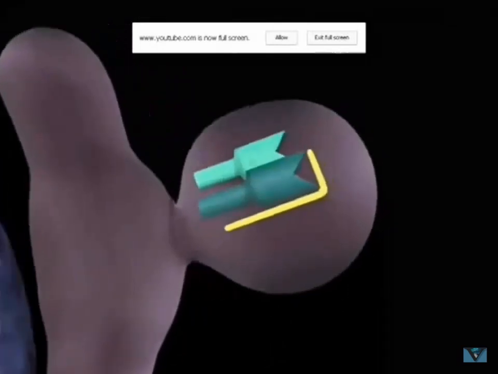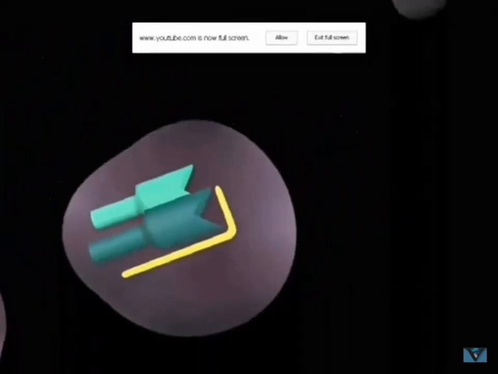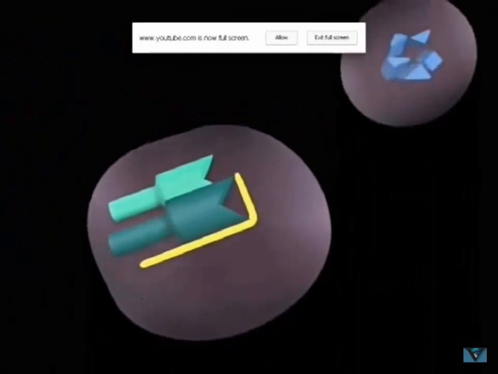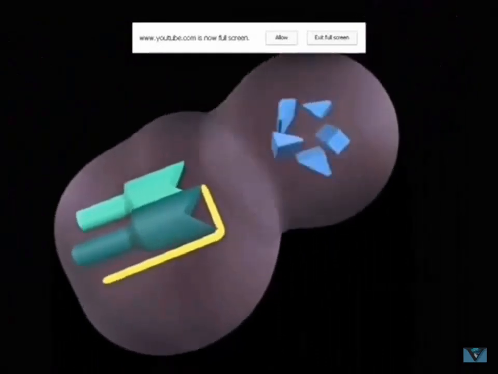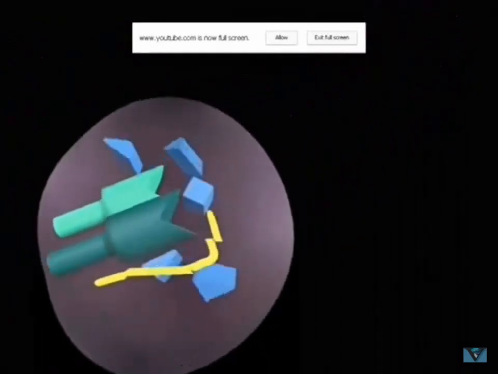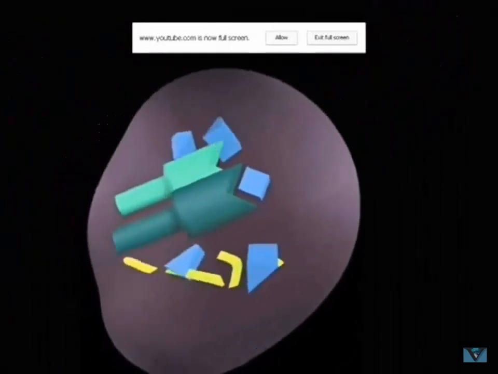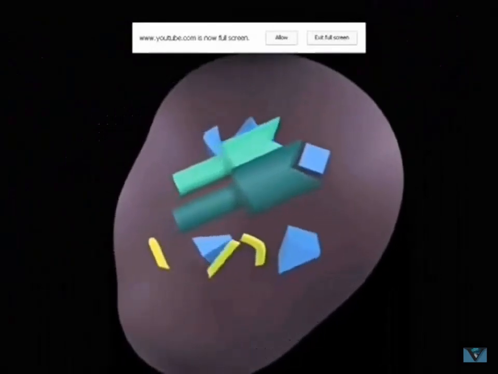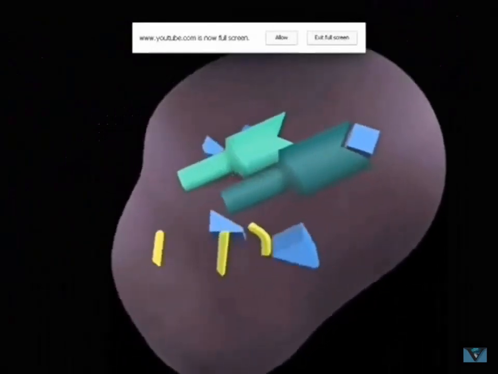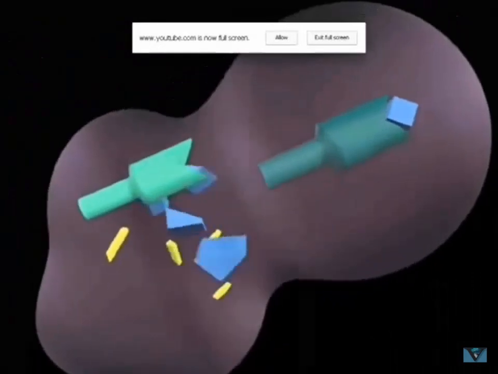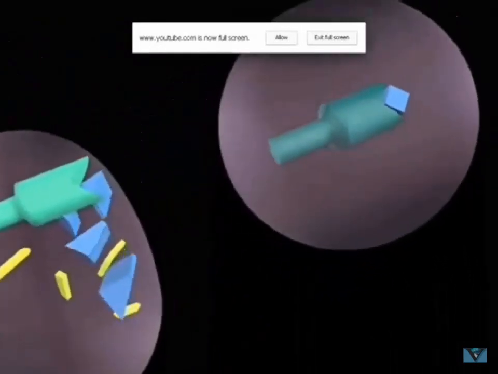Either way, class 2 MHCs are coming and they're going to bind to what? The fragment. This is still in the cytoplasm. So now that antigen is going to fit on that class 2 MHC. And where is it headed? To the cell membrane, like a flag, showing that something has invaded it.